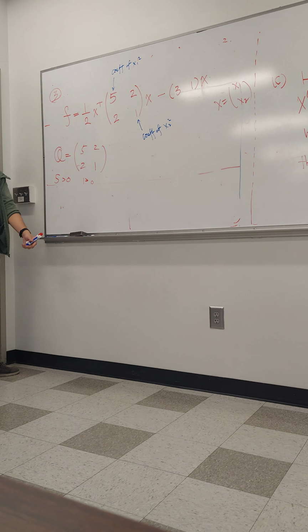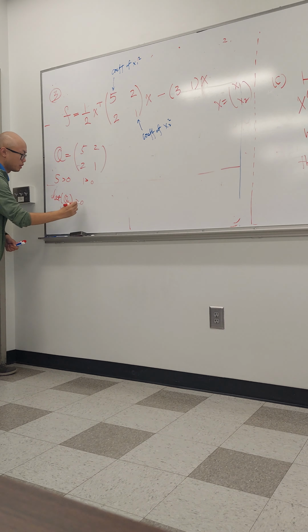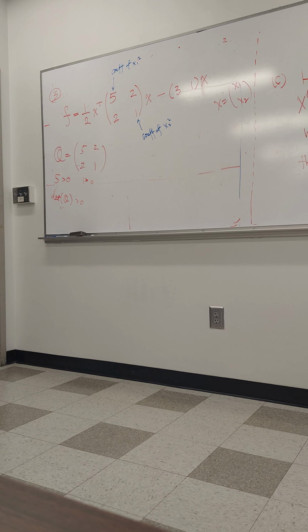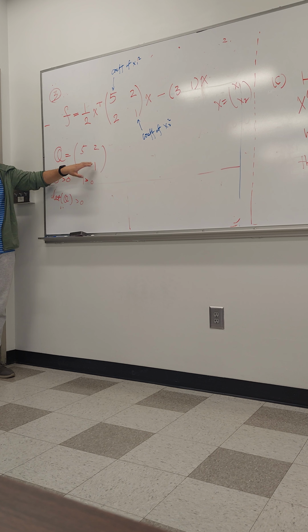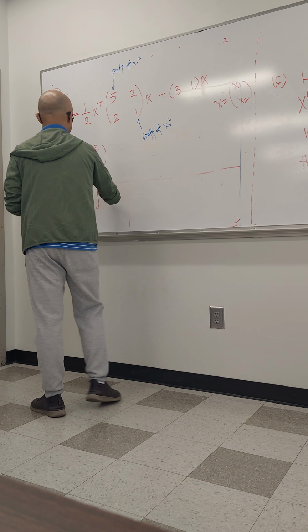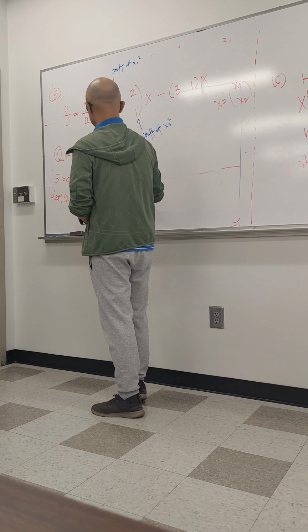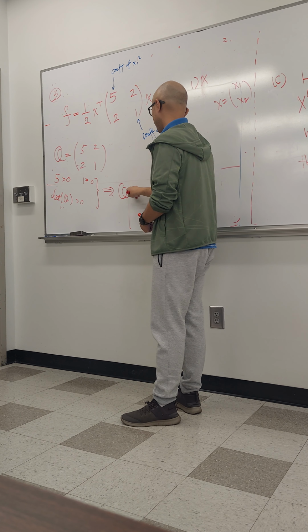And if we don't like to solve the eigenvalue, we just argue with the determinant of Q. Diagonal entries are greater than 0, and the determinant of Q is 5 subtract 4, which is 1, greater than 0. Good. These two imply, and this only applies for a 2 by 2 matrix, that Q is positive definite.